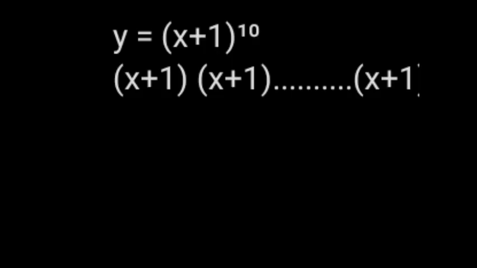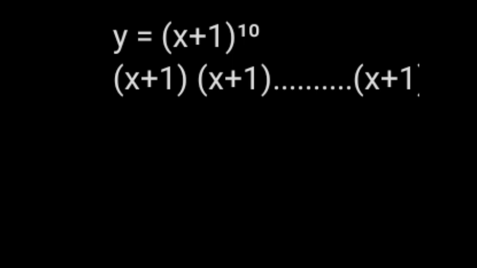So we're going to kick off the first part of differentiation by chain rule. What is differentiation by chain rule? Let us begin. Let's say we have this differentiation equation which states y equals x into bracket x plus 1 raised to power 10. We should see here that the exponent is 10.